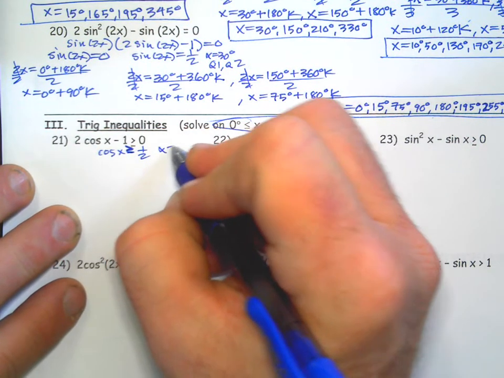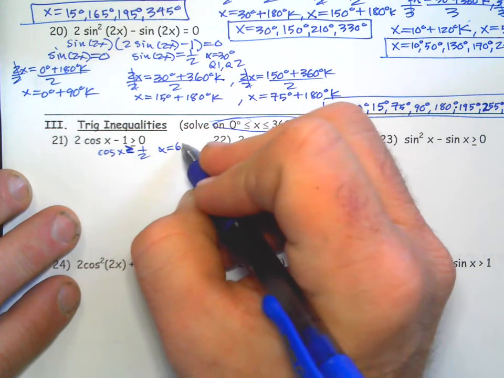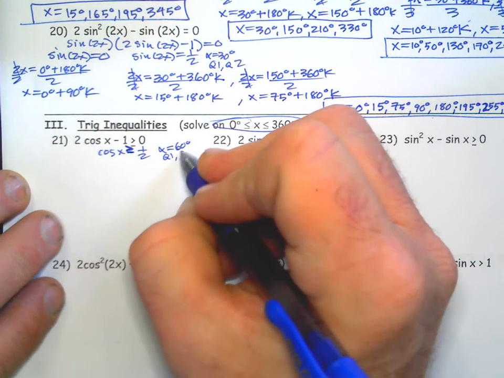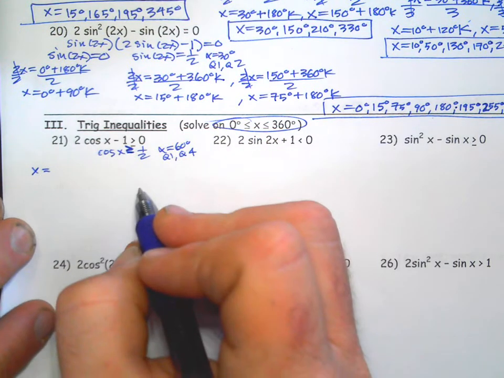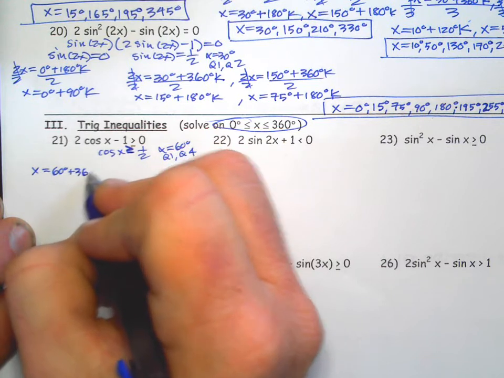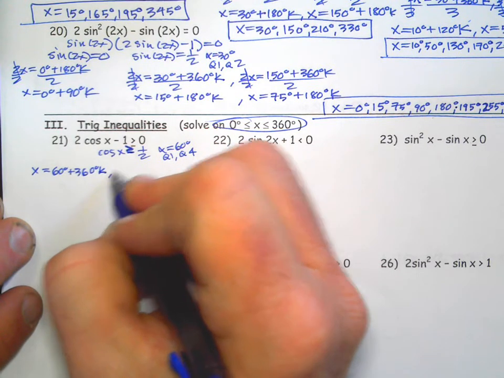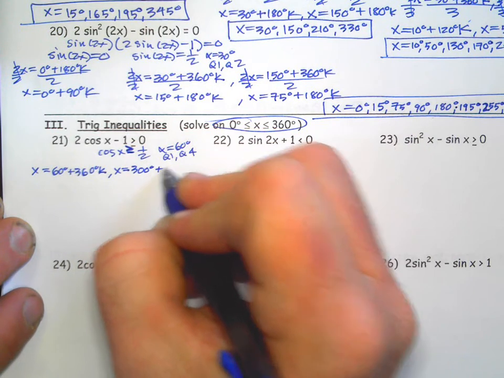So cosine x is greater than or equal to positive 1/2. So alpha equals 60 degrees, quadrant 1, quadrant 4. So then x equals 60 plus 360k, and x equals, quadrant 4 would be 300 plus 360k.